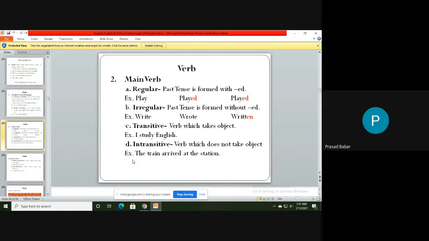Here, the train is subject, arrived is verb, at the station is the complement. So here there is no object which comes after the verb arrived, and that is why this is called intransitive verb.